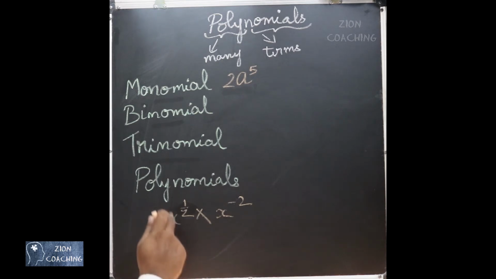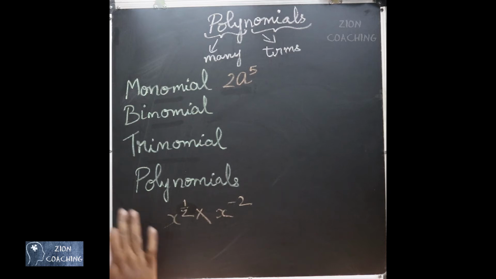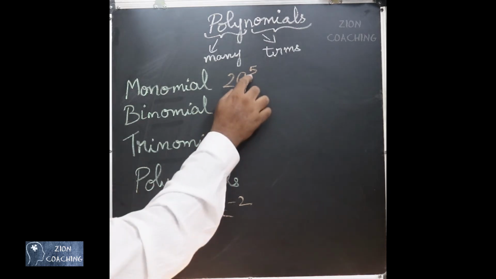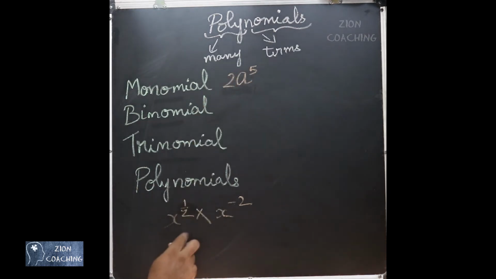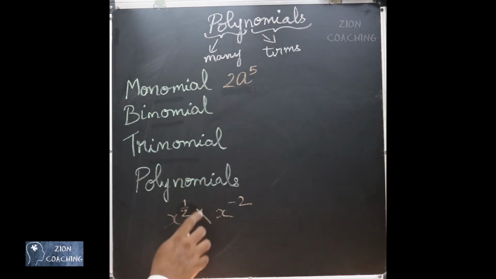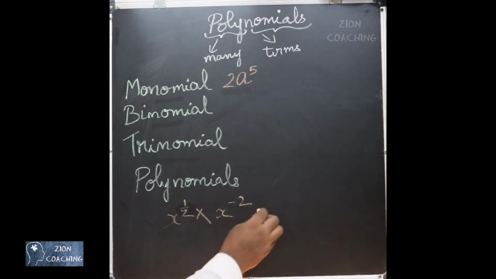The powers of all the variables should be positive integers only. If you have other powers like rational numbers or negative integers, then that is not a polynomial.